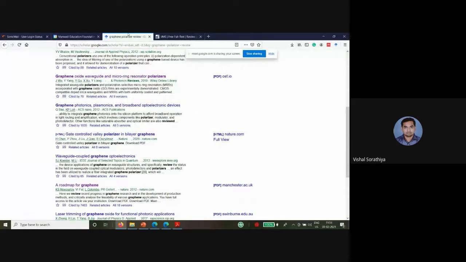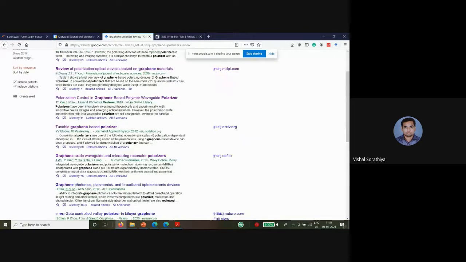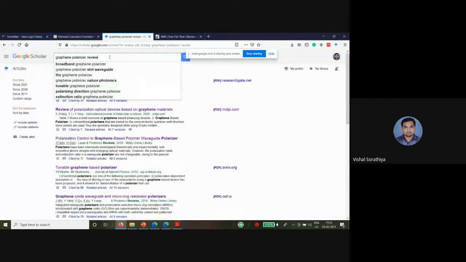So whenever you search in Scholar, first start by searching for review articles. It will reduce your effort and directly give you a roadmap if you want to write a chapter, say on graphene review or graphene polarizer.